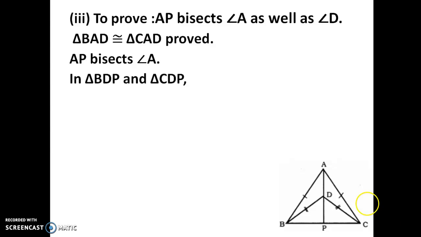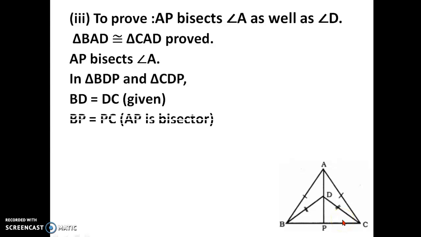Then in triangles BDP and CDP, these two sides, BD and DC, are equal because they are sides of an isosceles triangle. That is already given. Then BP is equal to PC.